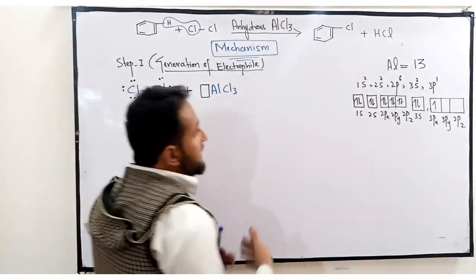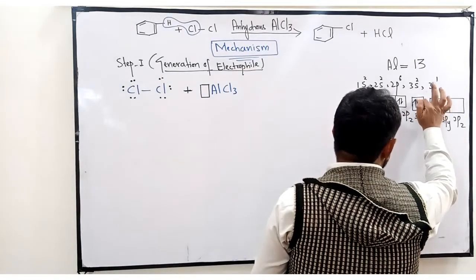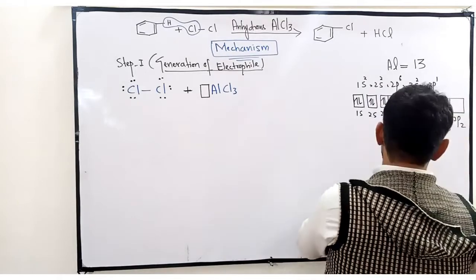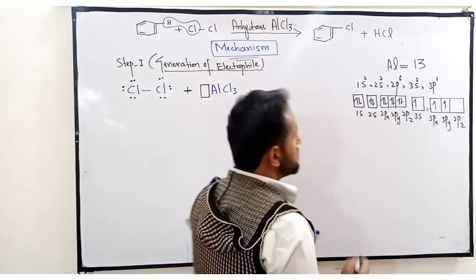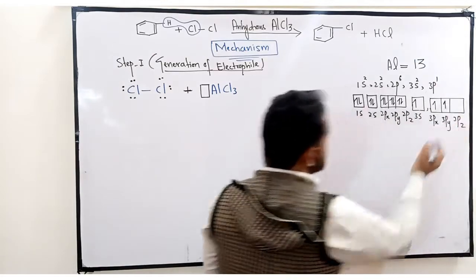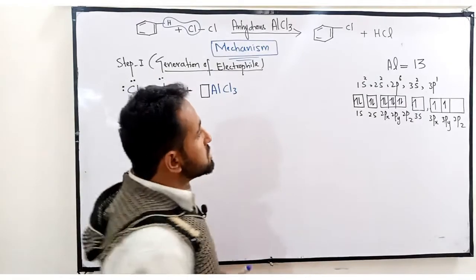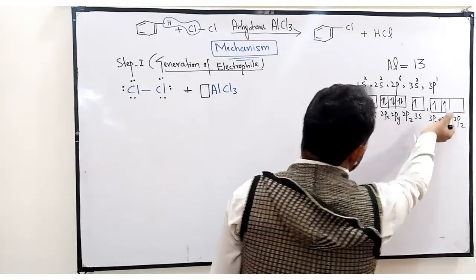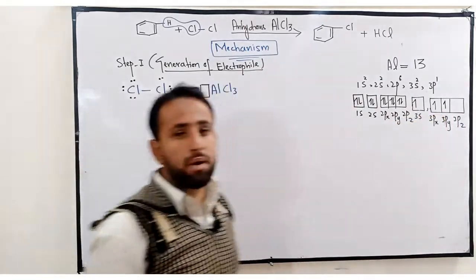In the excited state, one electron present in 3s will jump to 3py, because there is a vacant orbital available. So when the electron jumps from 3s to 3py, this becomes partially filled.